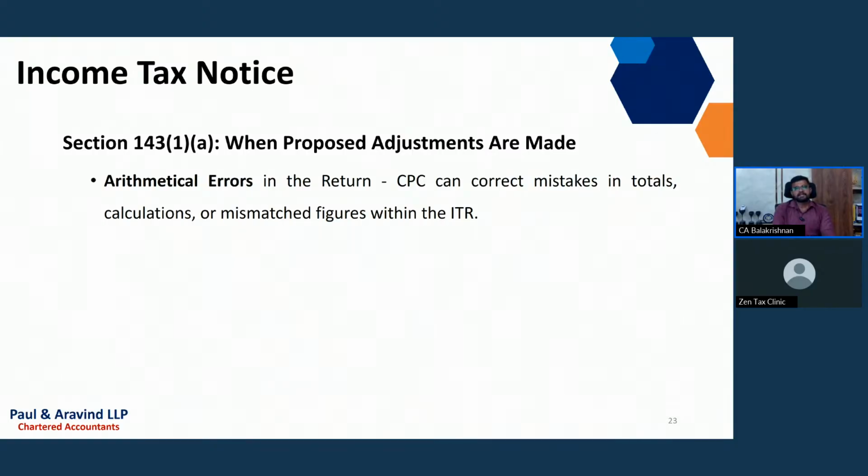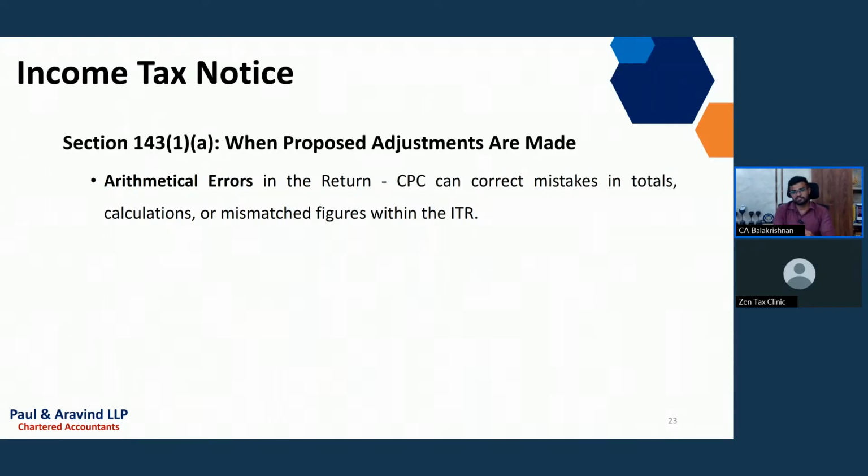And income tax notices: generally, the crux of this webinar is to ensure that a proposed adjustment notice is not issued to the assessee. So what is a proposed adjustment? A proposed adjustment means any variation between the information available with the department and the assessee's return of income. The information available with the department is huge, because the department has AIS, Form 26AS, and the tax audit report also.